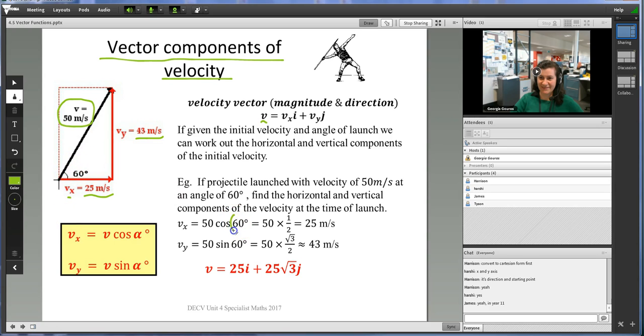Okay, the angle of 60 degrees. The x component is 50 cosine of 60, that's that length there, and the y component is 50 sine of 60. Turning that into a vector, this velocity vector is 25i plus 25 root 3 j. That is defining the velocity vector of launch of this object, this javelin.